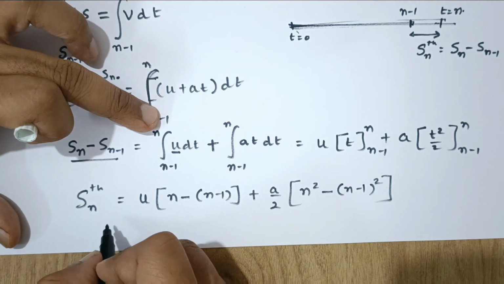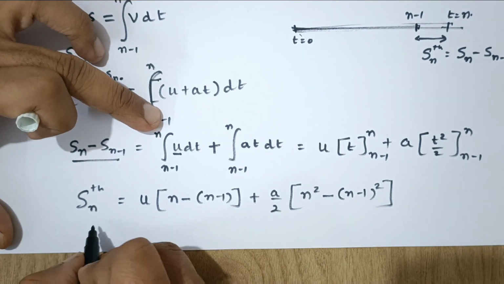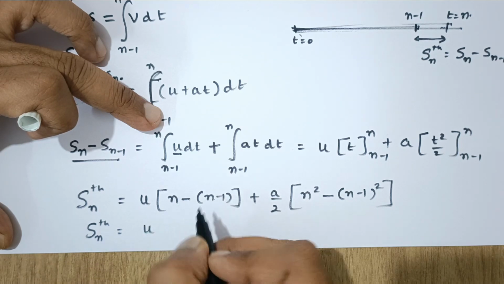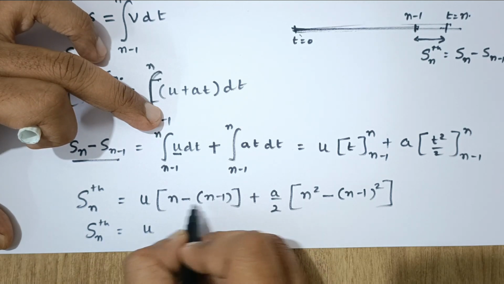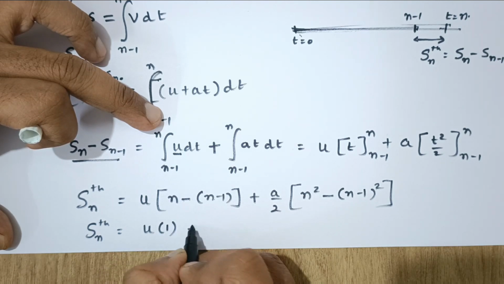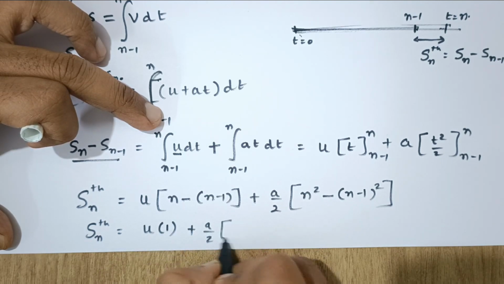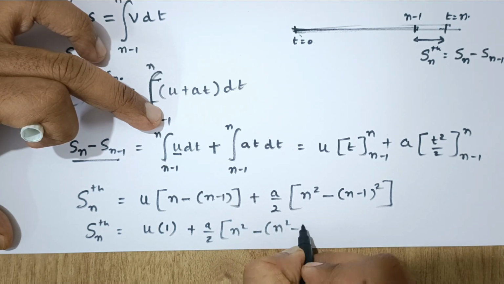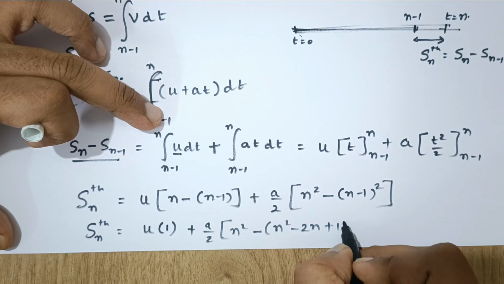So if you simplify this, the displacement of the body, or distance traveled by the body in the nth second, is u, and you may very well understand that this n and n get cancelled, minus minus becomes plus, right? Plus a by 2 times n squared minus (n squared minus 2n plus 1).